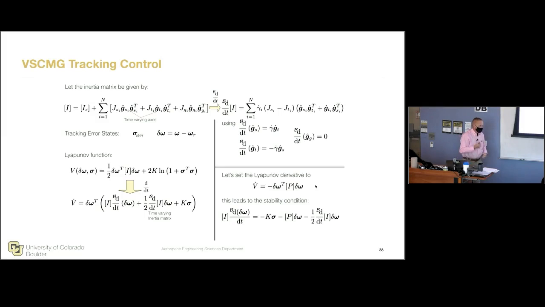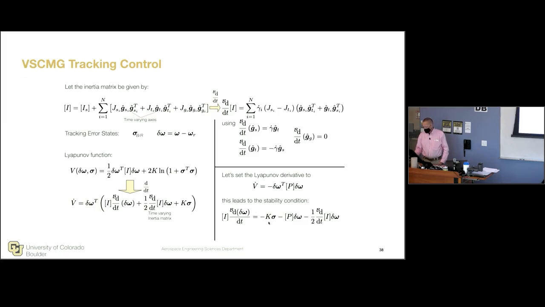The trick we can use, because this is a scalar equation and you cannot solve a scalar for a vector set or a matrix set, is factoring out delta omega transpose on both sides of what we got when we differentiated V and what we're prescribing V dot to be. I can then say again that this bracketed term must be equal to minus P delta omega, right? Same argument over and over again. And that leads to this stability condition.